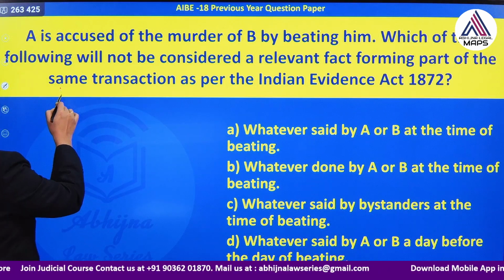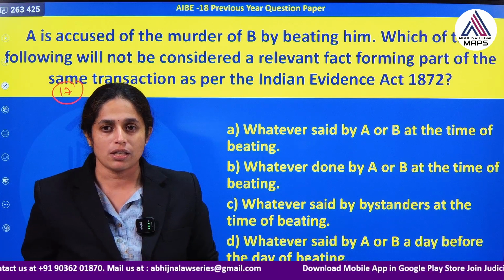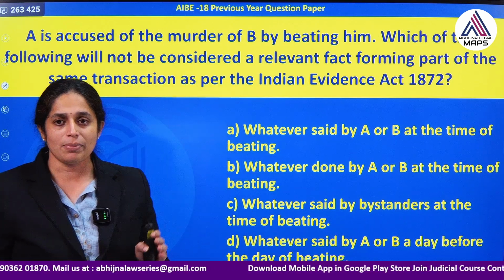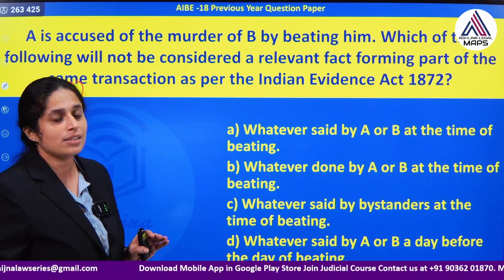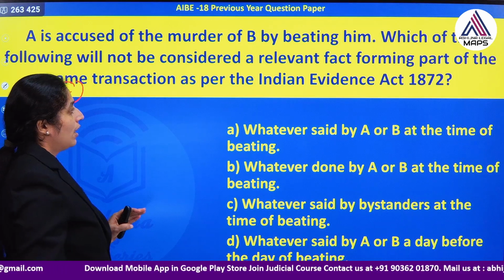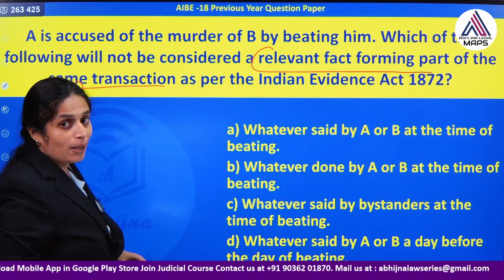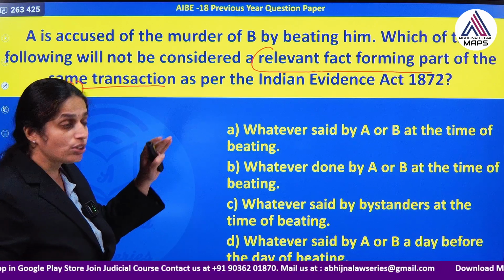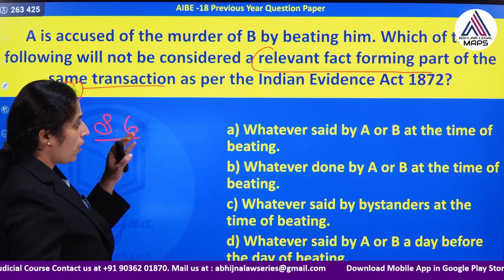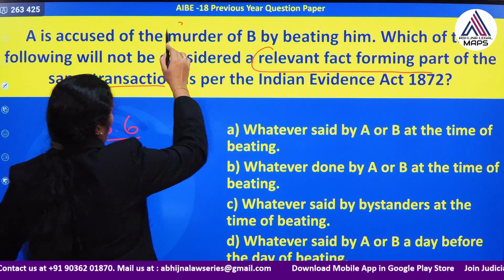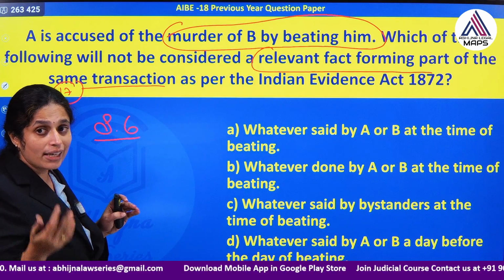Next question, 17th question. A is accused of the murder of B by beating him. Which of the following will not be considered a relevant fact forming part of the same transaction as per the Indian Evidence Act 1872? This is a question regarding the relevant fact forming part of the same transaction, which is nothing but res gestae. In section 6 of the Indian Evidence Act, we find the illustrations. If a person dies by murder, someone who has beaten him, then what are all relevant?